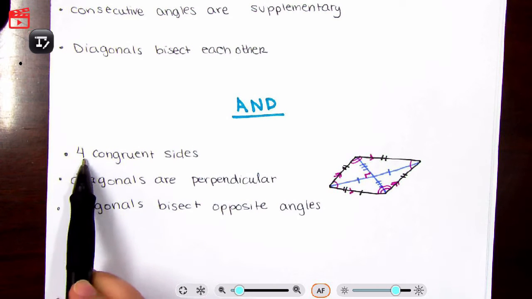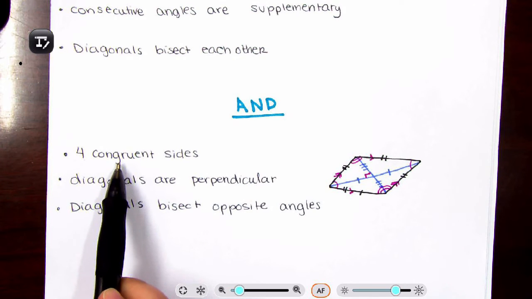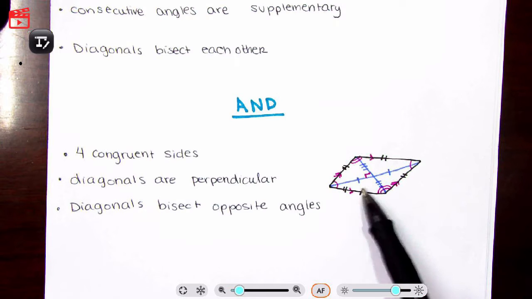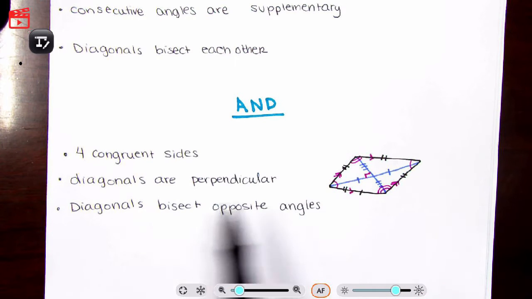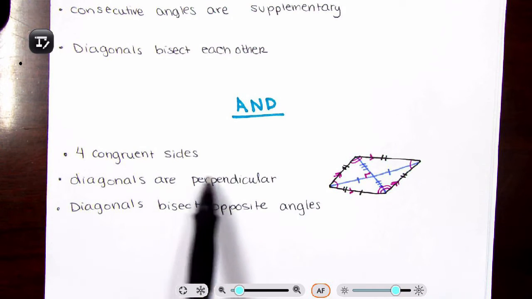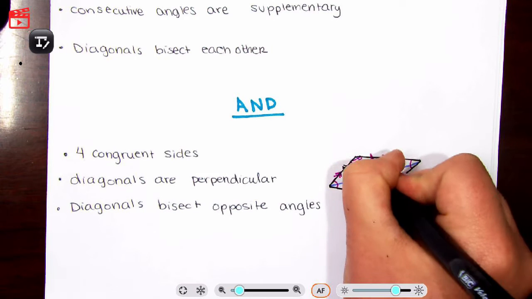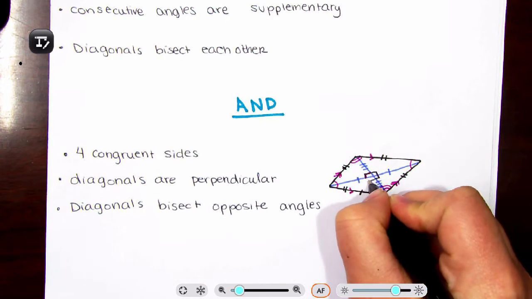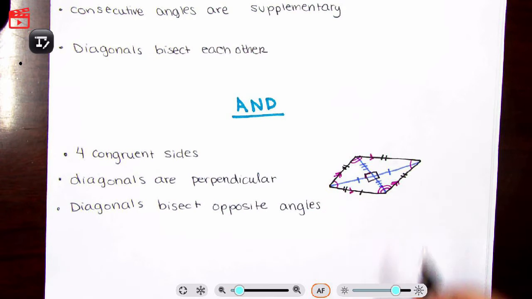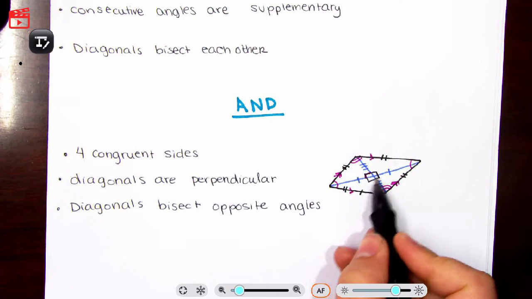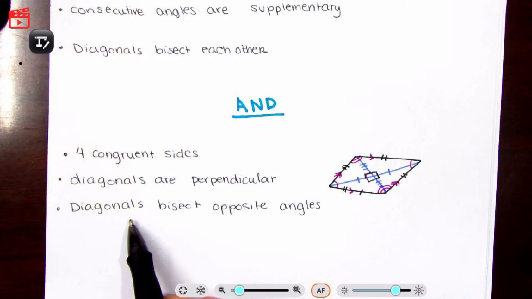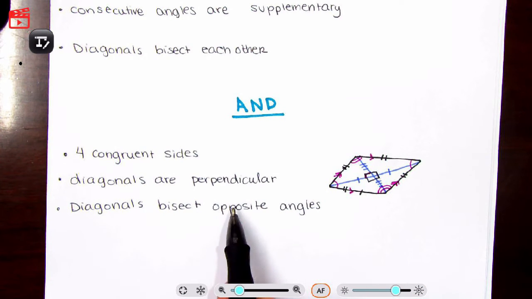That means that all four sides are congruent in a rhombus. So 1, 2, 3, 4 sides are congruent. The diagonals are now perpendicular, so that means they meet at a right angle. Sometimes you're going to see this drawn as a box because you have 1, 2, 3, 4 right angles. All of this is 90 degrees, 90 degrees, 90, 90. And then diagonals bisect opposite angles.